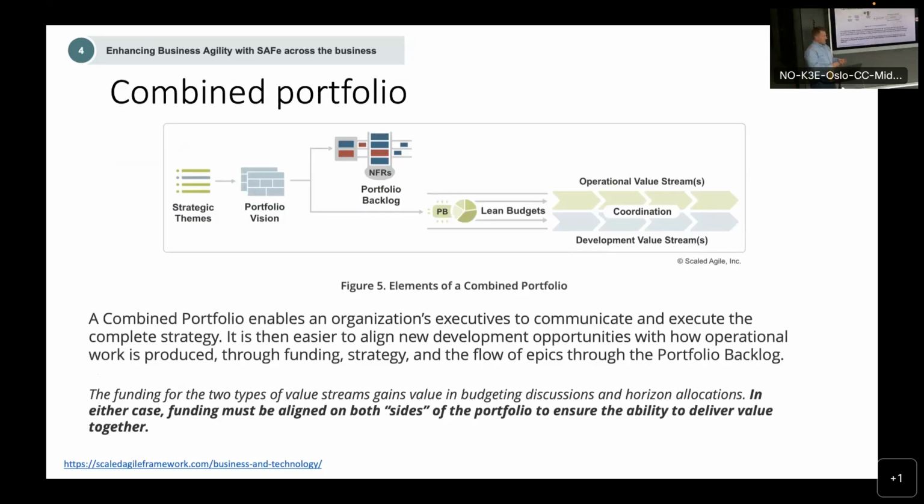And of course, if you have these business trains and the development value, you might have a combined portfolio as well. So actually the operational initiatives are not planned separately from your development part of building the systems to support that.